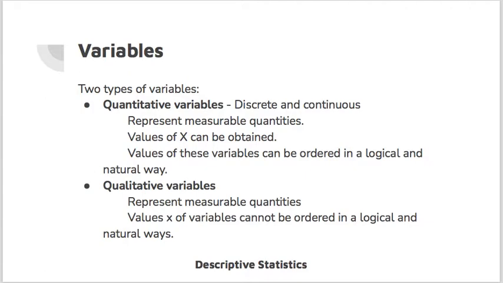So addressing quantitative variables, numerical values are obtained, and they can be ordered in a logical or natural way. Possibly this is one of the simplest definitions that can be given to a quantitative variable.